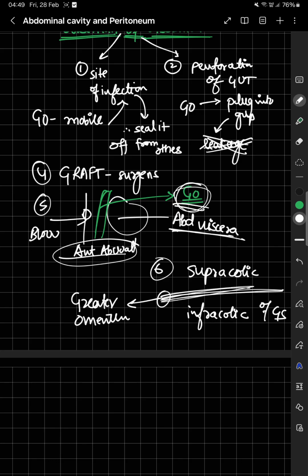Then we have the policeman of the abdomen, because it limits the spread of infection by sealing it off from other areas, or if there's any perforation, it would go and plug into it. It's also used as grafting material. It helps in protecting the abdominal viscera if there's any blow on the anterior abdominal wall, and it also acts as a partition between the supracolic and infracolic compartments of the greater sac.